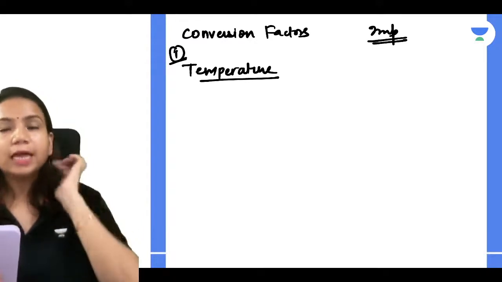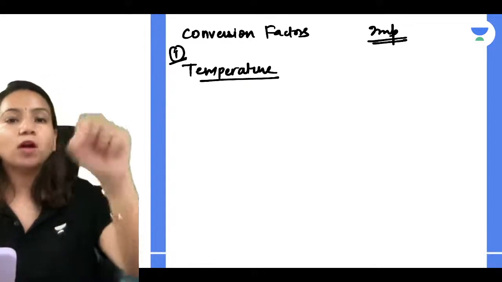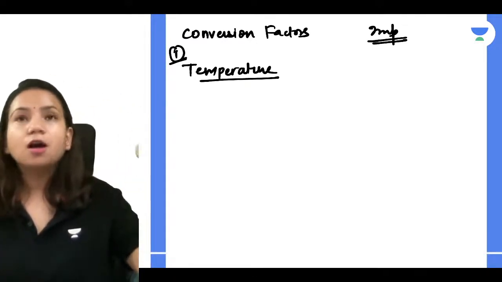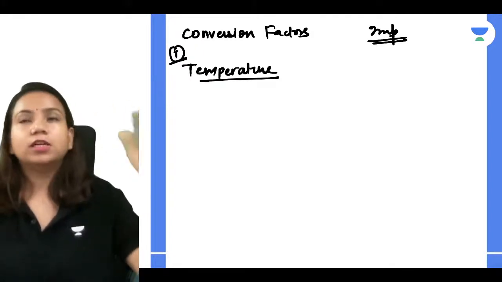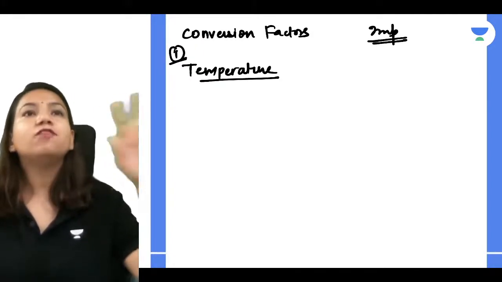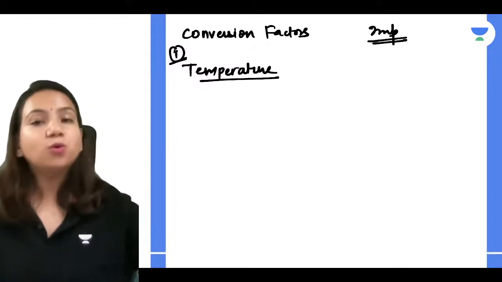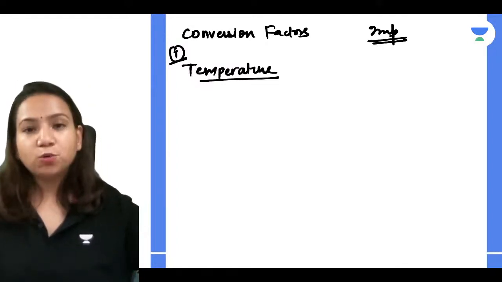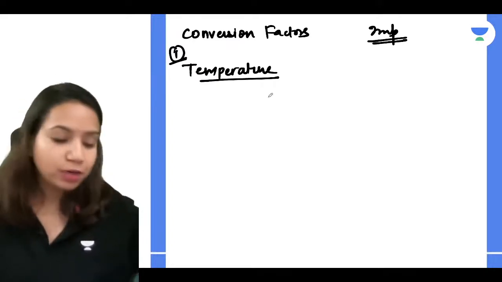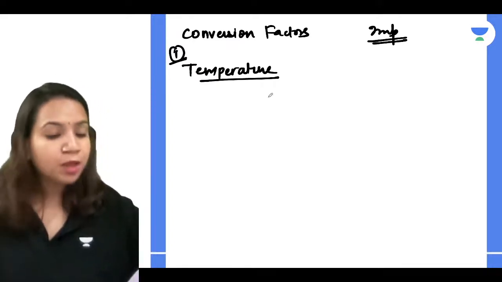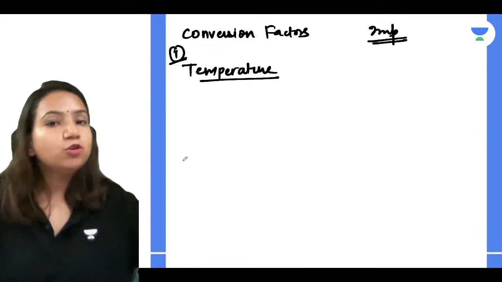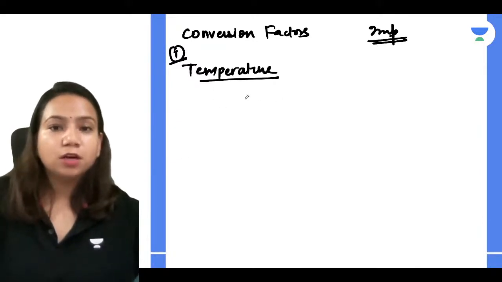So what you have to do in that case, you have to convert one quantity into the other unit. Both should be either in Kelvin, or both should be in Celsius. So you have to convert it. Correct? Ridhima, Akshay, Abhishek, everyone. So this is what you have to know.